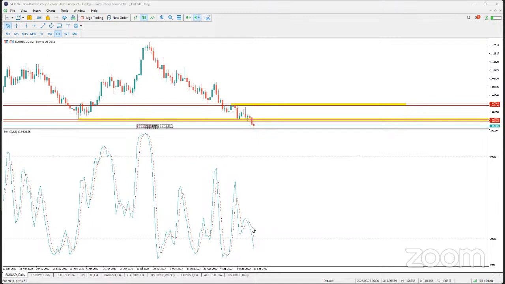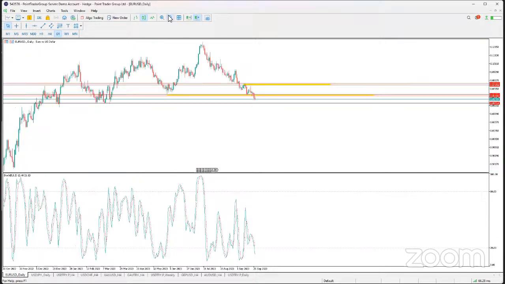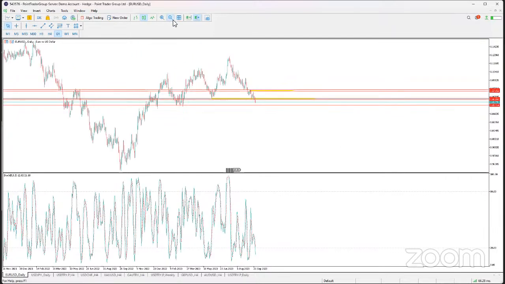When they reach the area from 0 to 20, this is an oversold area, so you can go long, you can buy. If the price reaches an overbought area, from 80 to 100, you can go short, because no more people are willing to buy this currency pair anymore, and this is a signal that the price would go downwards.